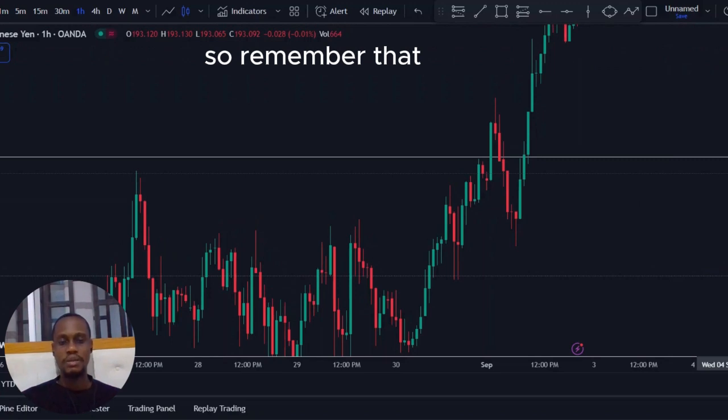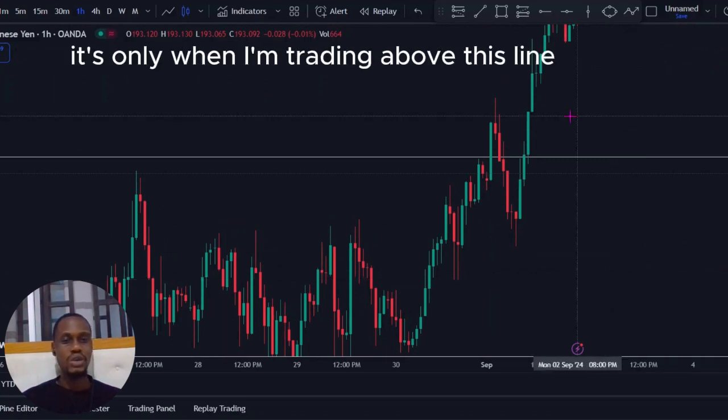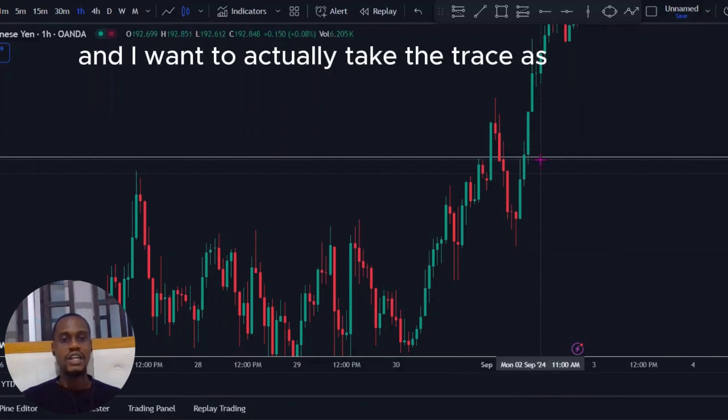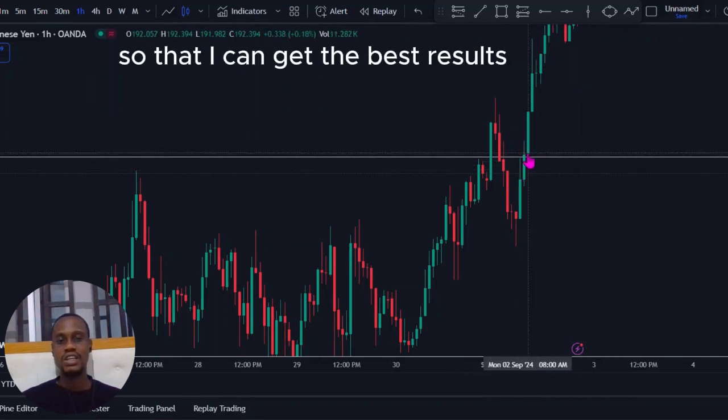You remember that I already told you that it's only when I'm trading above this line that I'm going to be looking for trades, right? And I want to take the trades as close as I can to this line so that I can get the best result.